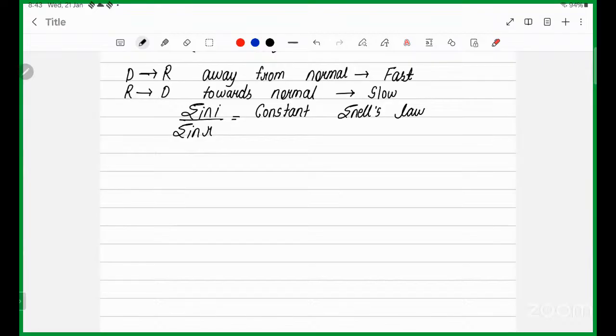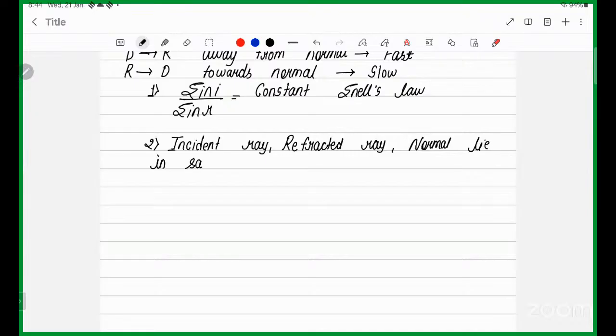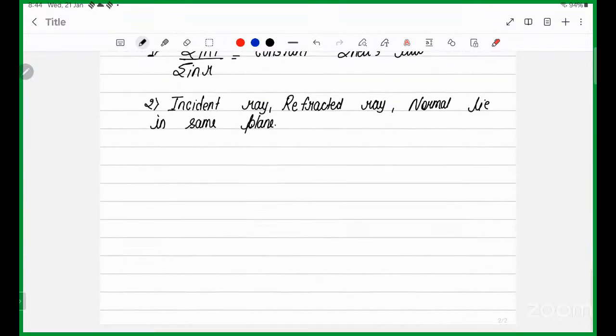Second one is incident ray, reflected ray, and normal lie in the same plane. Okay. Now talking about the lenses.